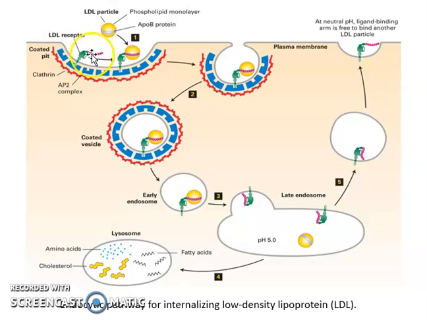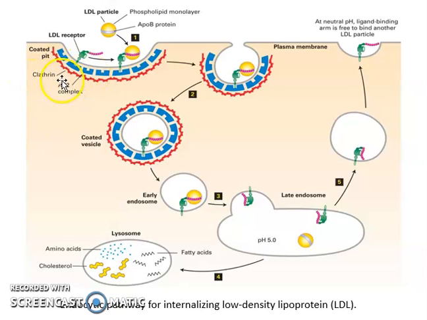Here we can see that this green colored receptor is the LDL receptor, and it has a transmembrane domain, a cytosolic domain and an extracellular domain. This pink colored arm is called the ligand binding arm, which will bind to the LDL particle, specifically the ApoB protein.